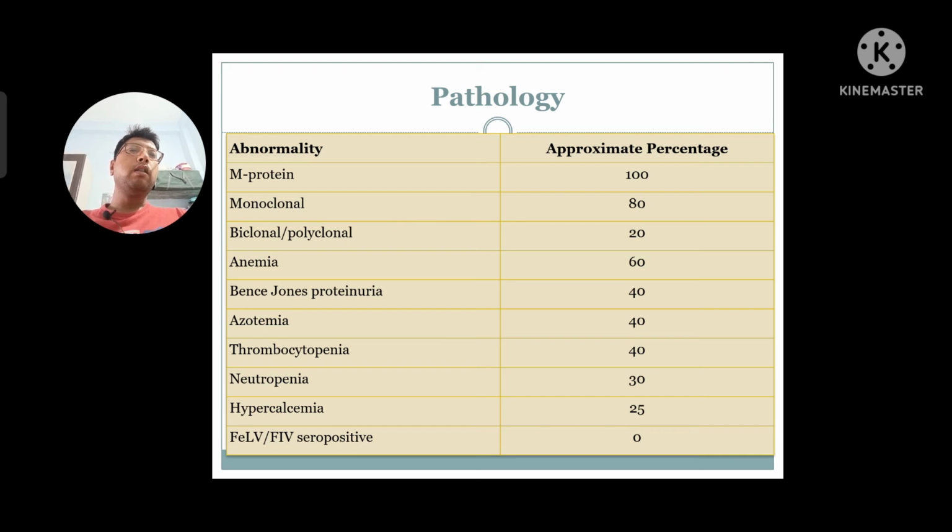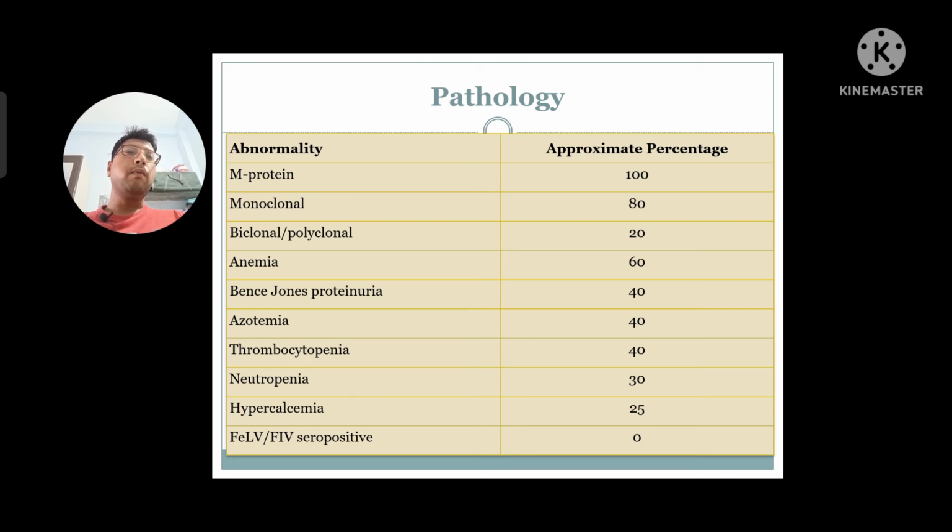So in all these pathologies, the main finding is production of M protein, which is in 100% of cases. Then monoclonal antibody formation has been reported in about 80% of cases. Biclonal or polyclonal production is only 20%. So there is more production of monoclonal antibodies rather than biclonal or polyclonal.